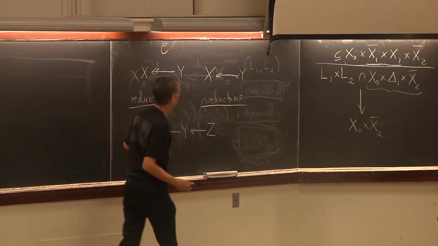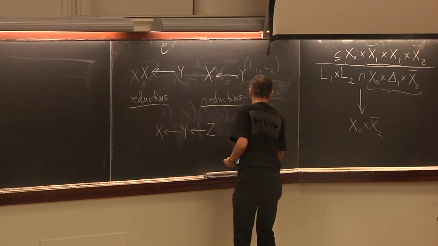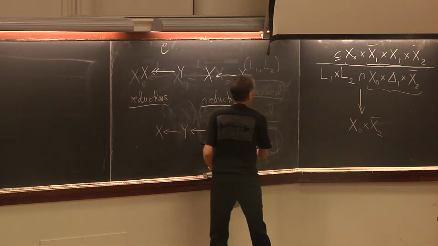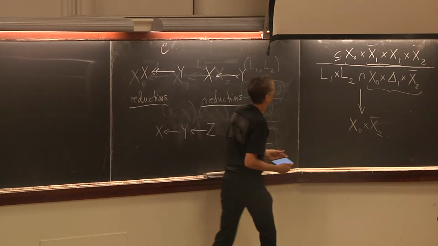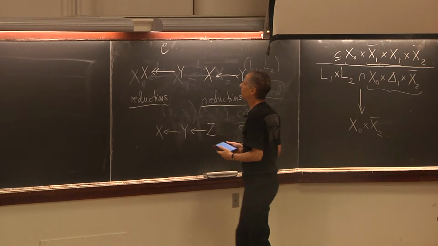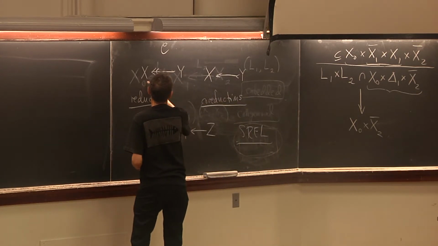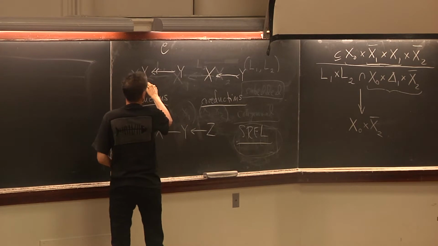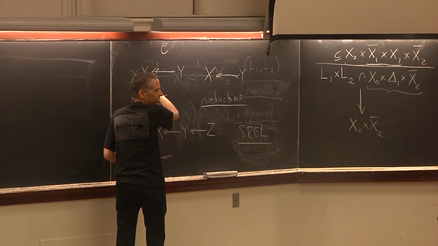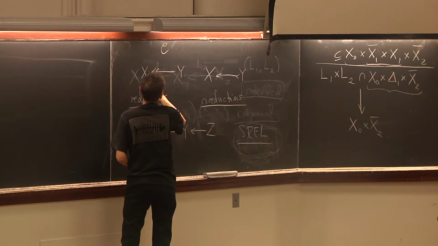So for example, in this S-rel, remember a reduction is given by a relation from here to here, and we'll say it's a reduction if two things are true. First of all, it's surjective, and secondly, it's uniquely defined.